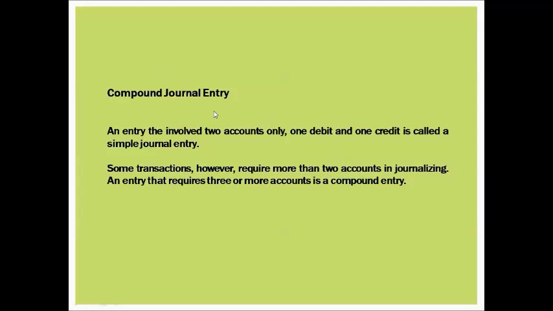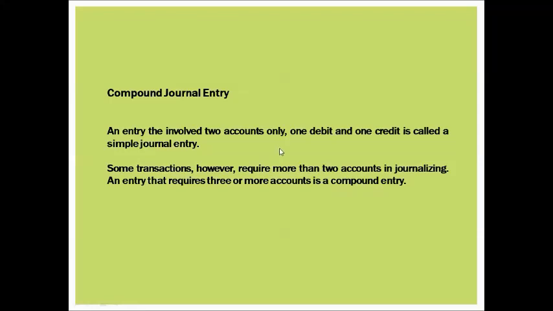And then we also have the compound journal entry. An entry that involves two accounts only, one debit and one credit, is called a simple journal entry. Some transactions, however, require more than two accounts in journalizing. An entry that requires three or more accounts is a compound entry.